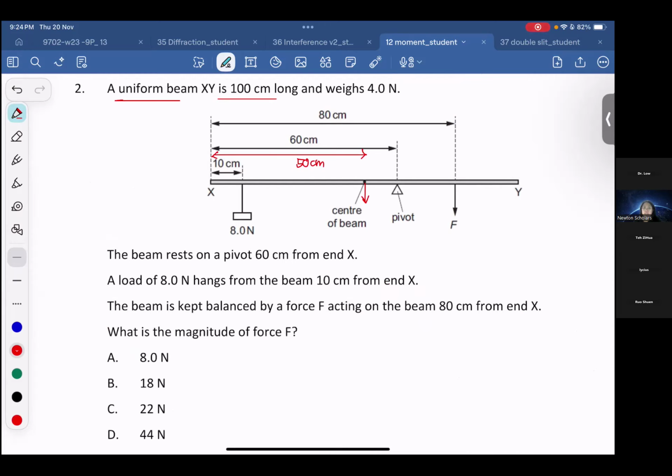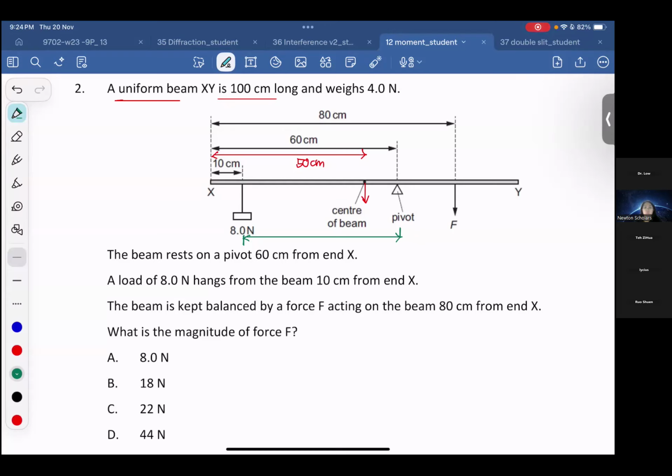If you want to find the distance, this question is quite complicated. From the 8 Newton until the pivot, what is the distance? Do you know what the distance is?